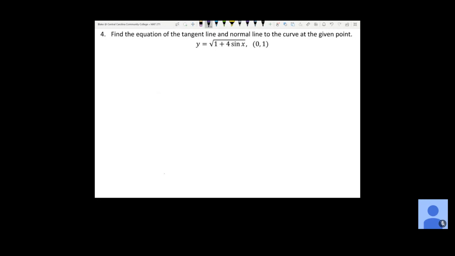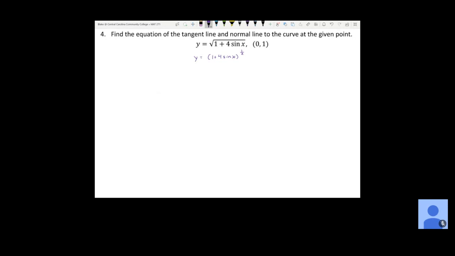Good. So I'm going to change my square root to a fractional exponent. This just becomes 1 plus 4 sine x raised to the 1/2 power. Now, to find the derivative, what are we going to have to do? Okay, good.